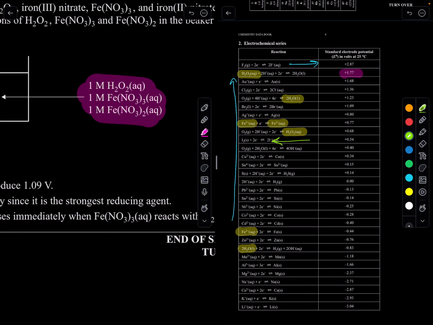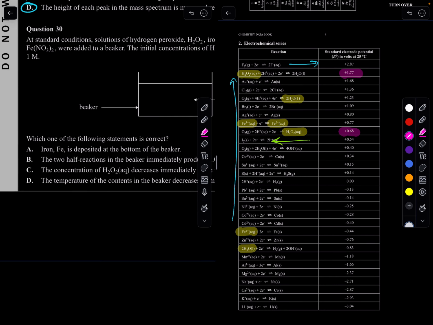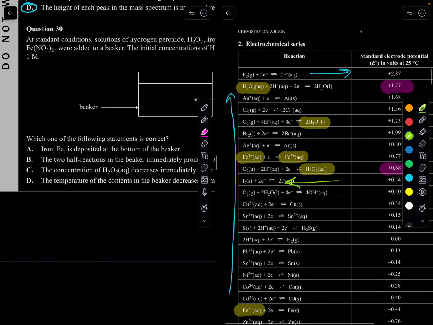So let's also highlight that. There's no iron even produced here. We're going to produce water, and we're also going to be producing oxygen gas. So there's not even iron produced anywhere.